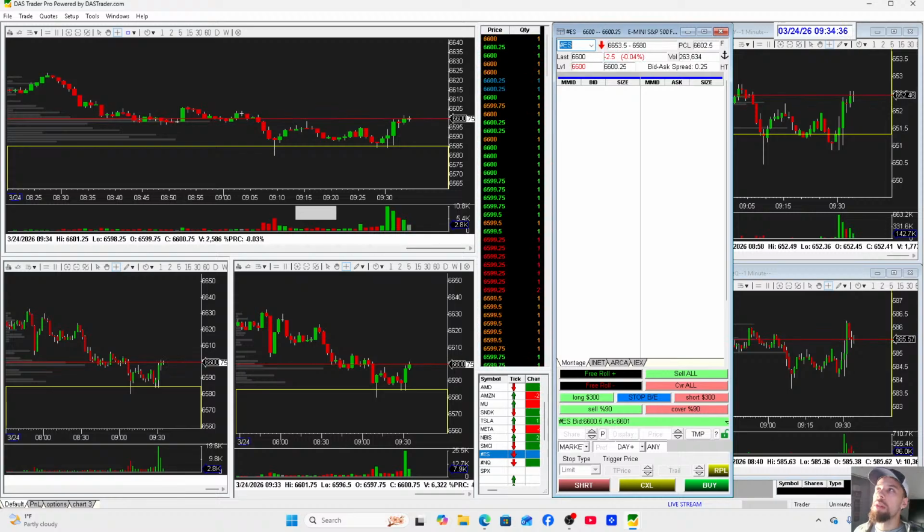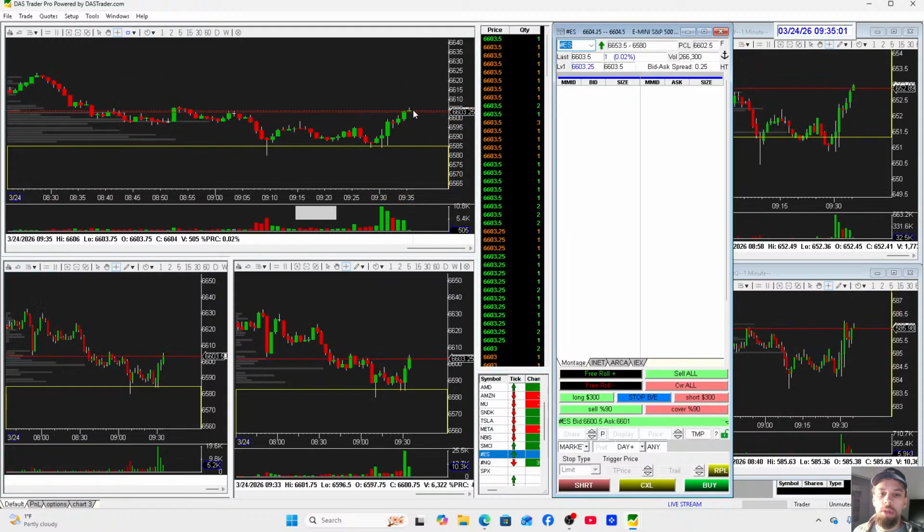On the SPY, decent order at 653. It's looking strong, looks nice. Just pushing up. A lot of liquidity here.